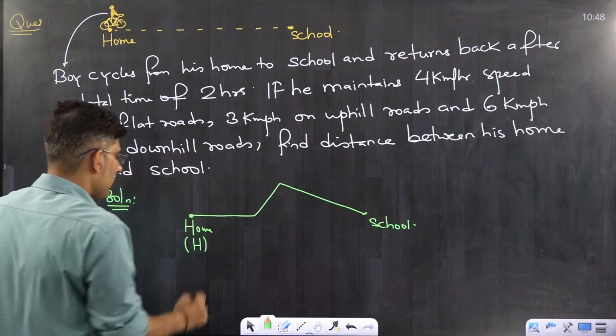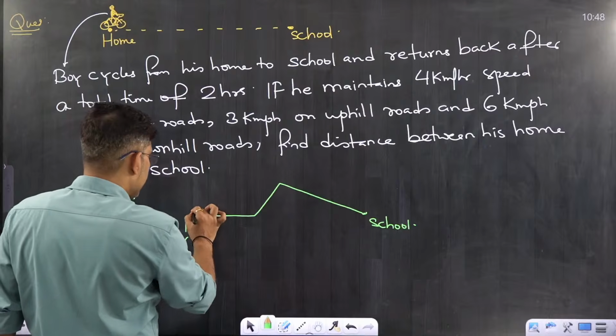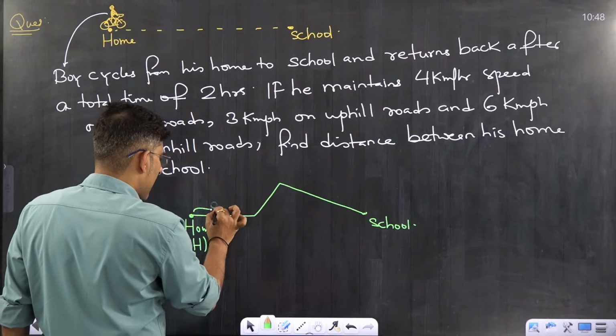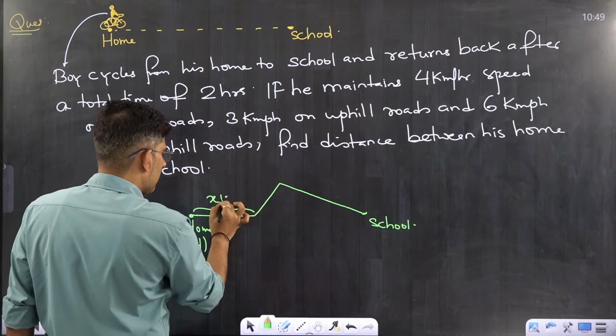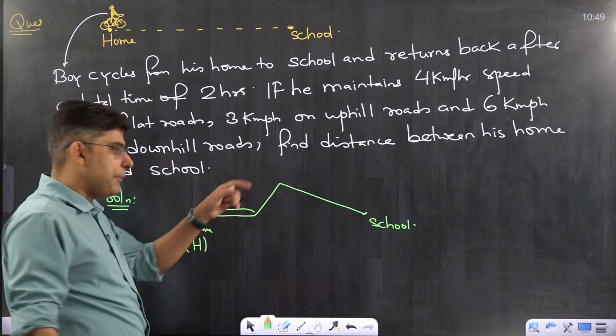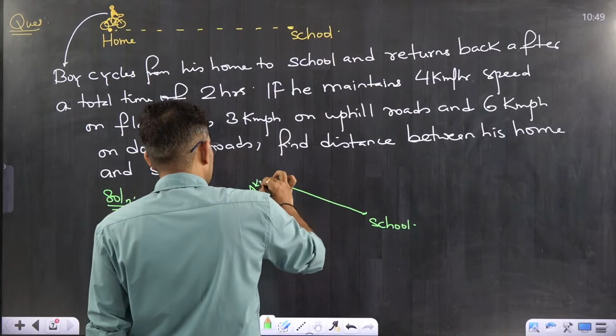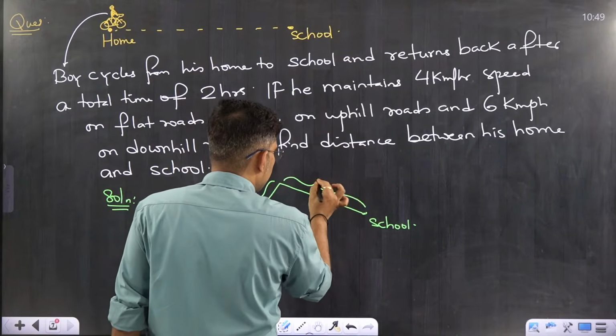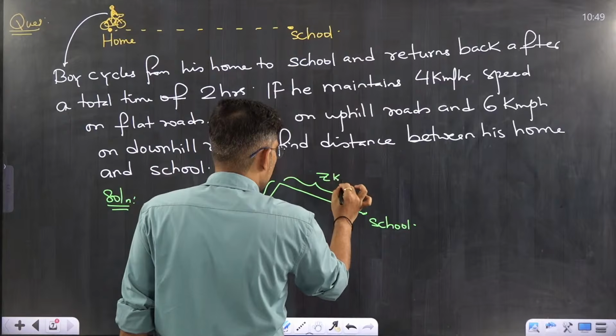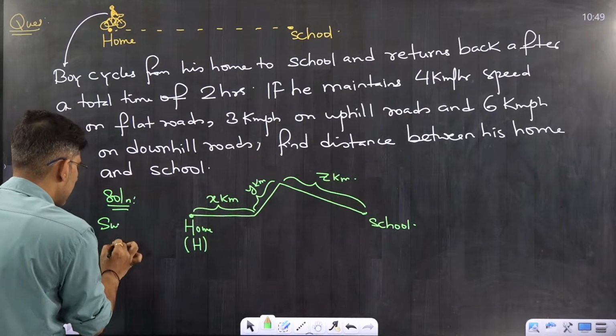Now what will happen? I don't know the distances. Suppose I take this distance, my wish, x kilometer. Now uphill total I take y kilometer, and downhill total I take z kilometer.